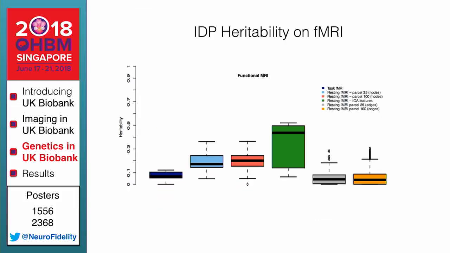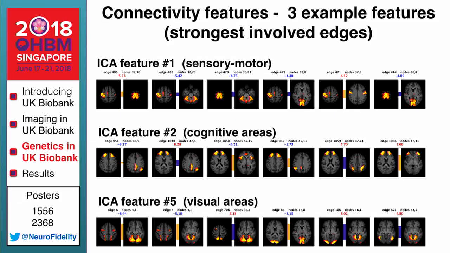As you can see in this box plot, which I showed before. But these summary features also have a biological meaning. Here we are showing 3 of the 6 features, and the 6 edges that are most strongly involved with each feature.